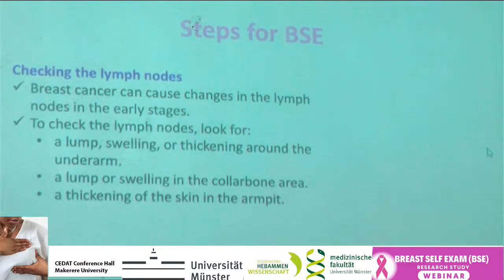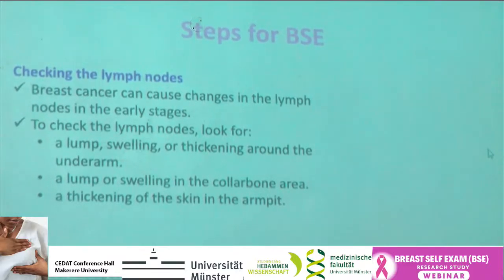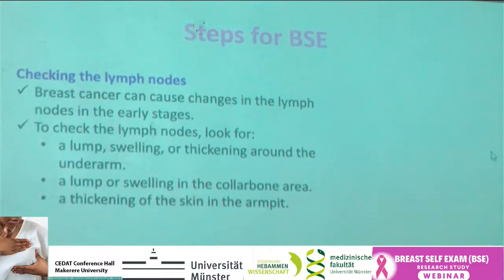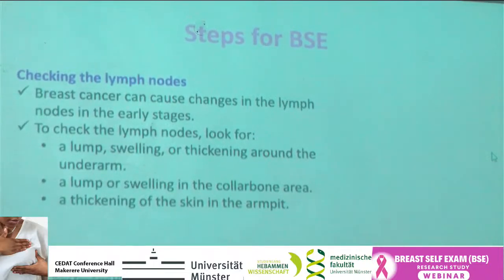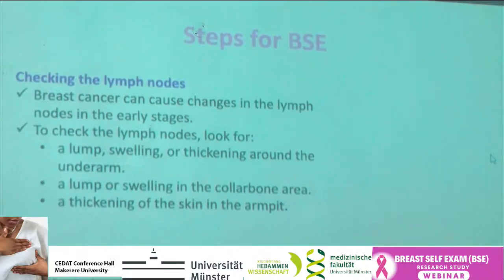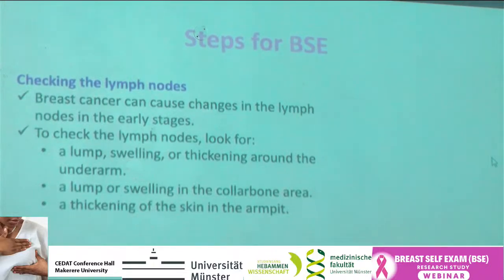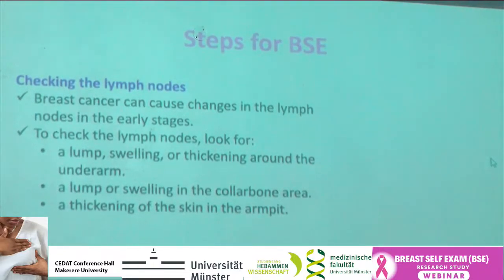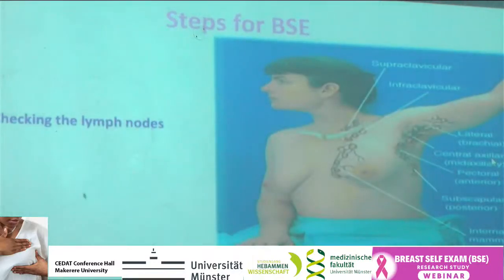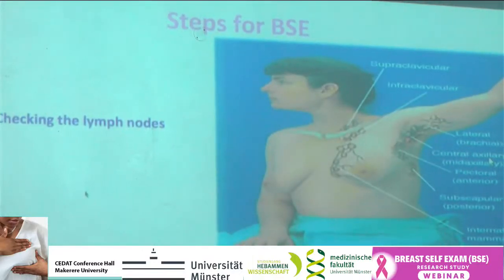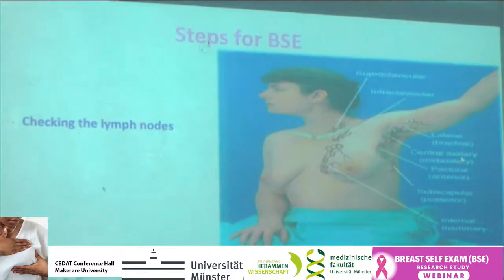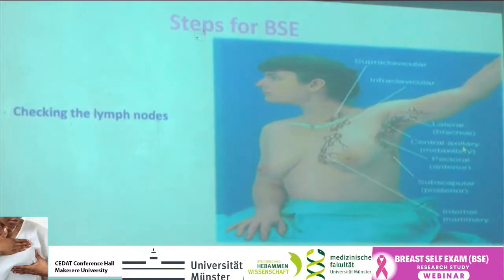Those lymph nodes have to be palpated. If there are any changes or swelling around this area, it can be suspicious of breast cancer. A thickening of the skin in the armpit is also very suspicious. So these are our lymph nodes, as we mentioned earlier, and those are the areas you're going to palpate.